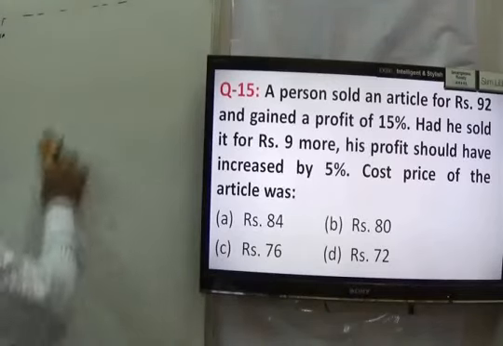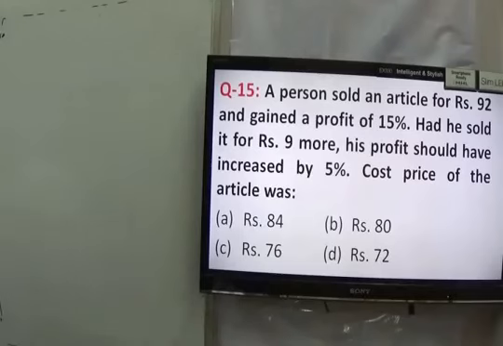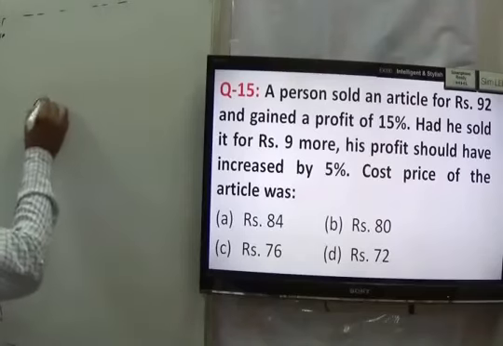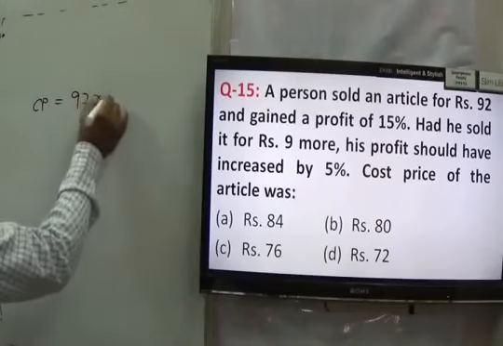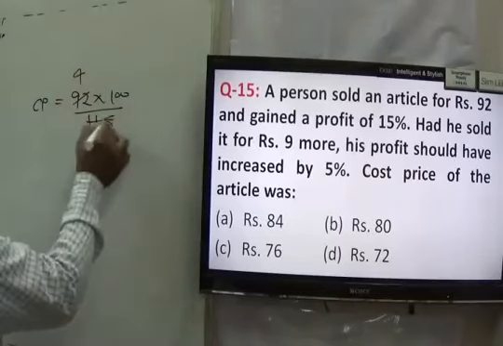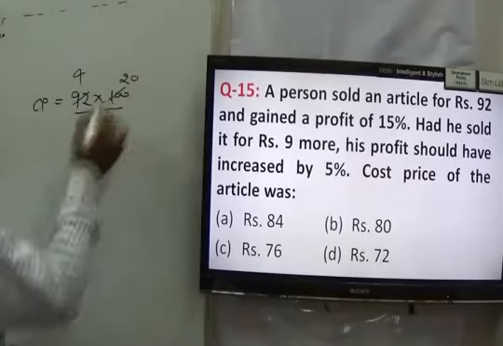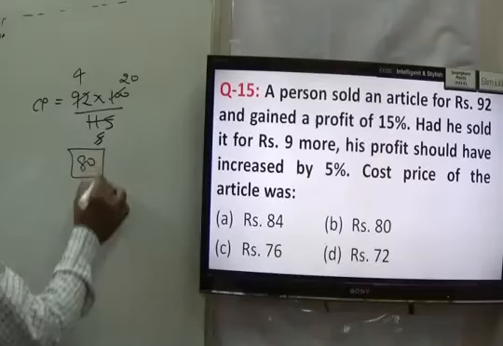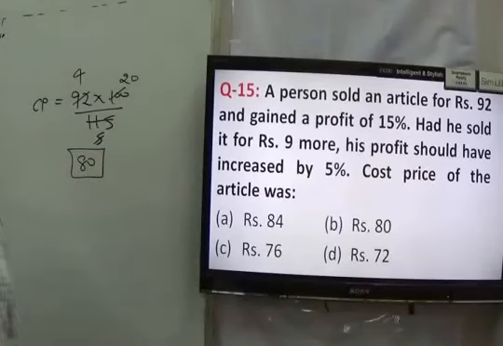When a man sells an article for rupees 92, he gets a profit of 15%. From here I can find the CP, that is 92 into 100 upon 115. 23 4s, 23 5s, 520. That is 80. So I can say my original cost price was 80.